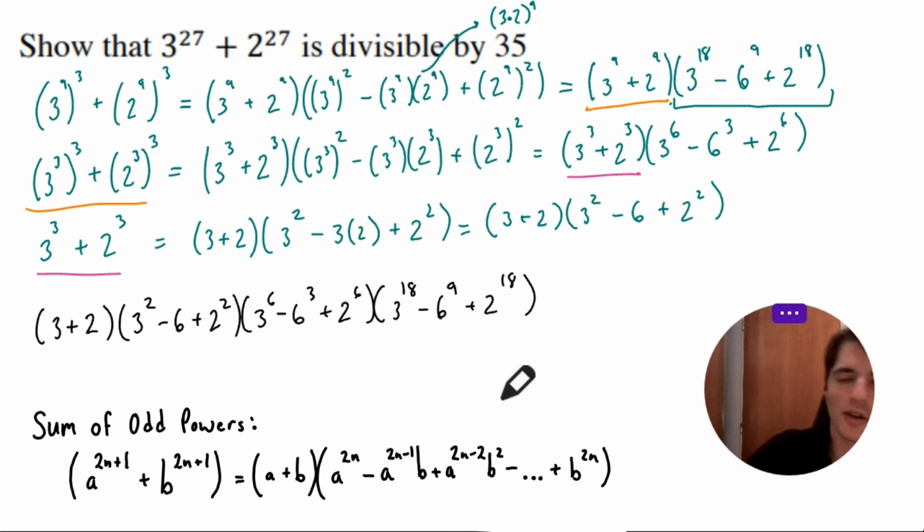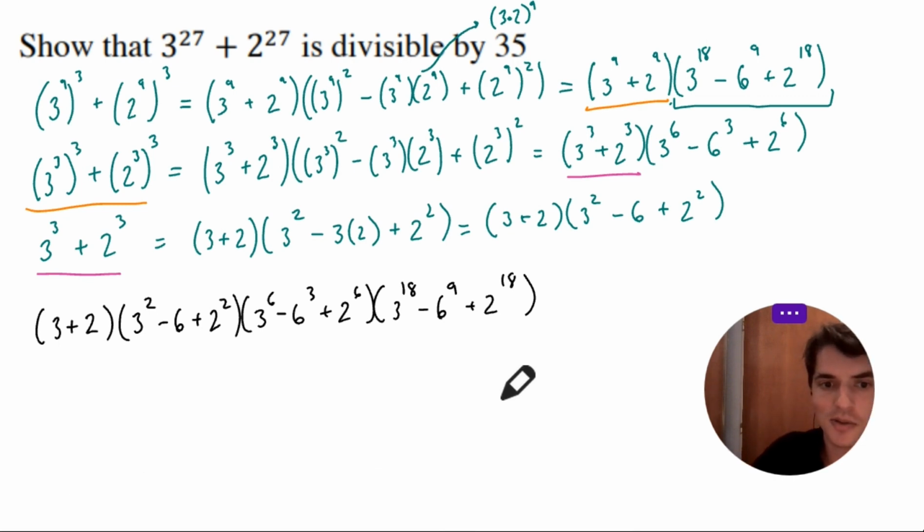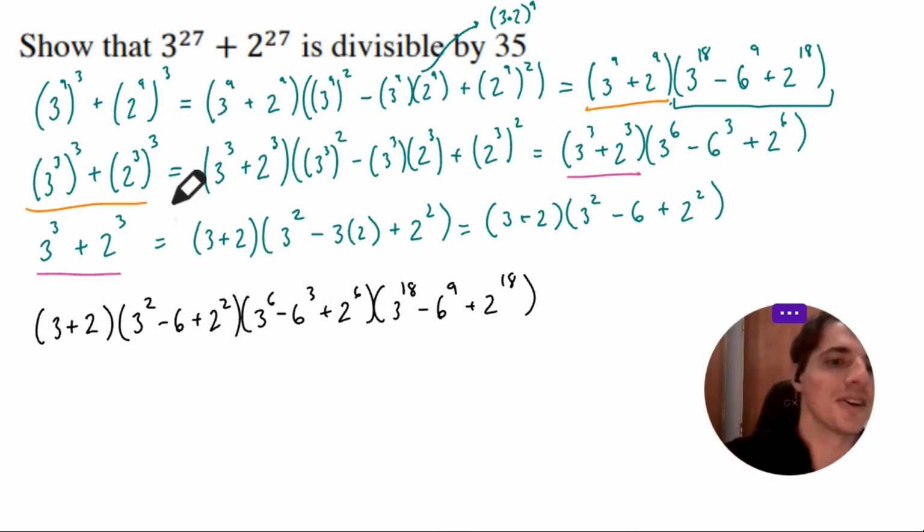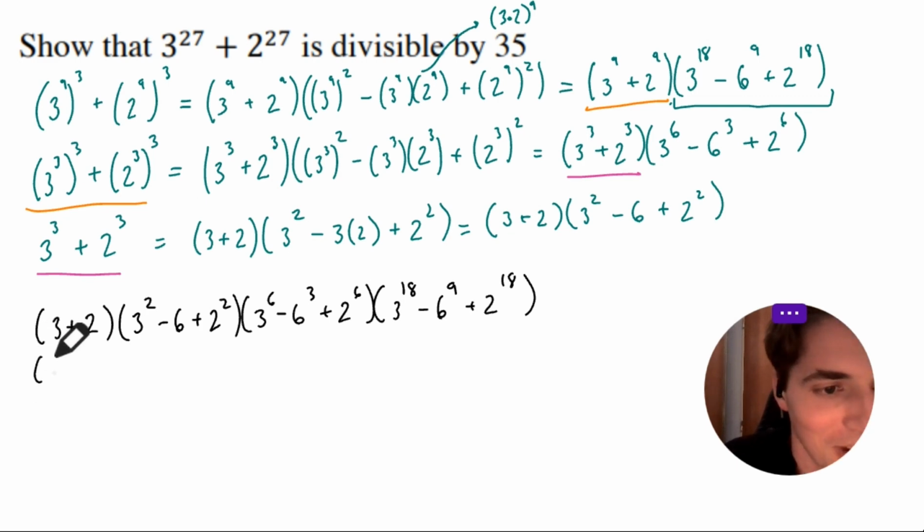Wonderful. So, if we had x and y, if we had said x to the 27th plus y to the 27th, I'll do it. We'll write that here. Do that in red. So x plus y, x squared, and that's 6.